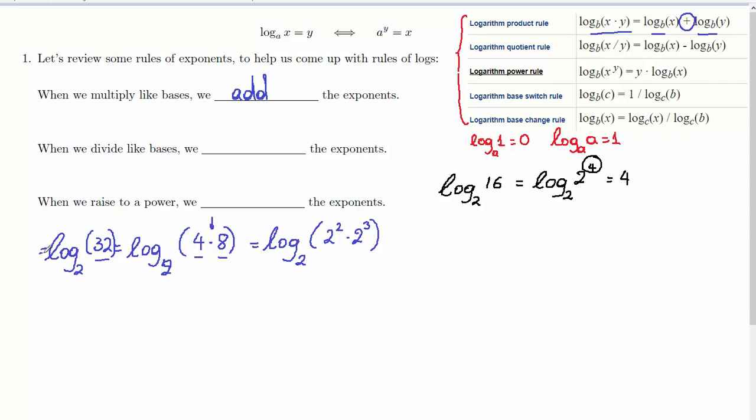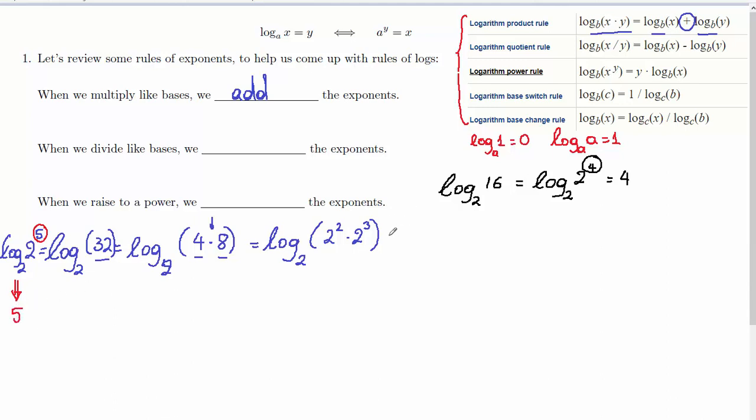Now, if you look at the 32 itself, this is nothing else than 2 to the fifth. Okay, perfect. So what do we have? On the one side, we have the following. We have the log of 2 to the fifth, where the exponent is 5. So definitely, as we already know, this is nothing else than 5.